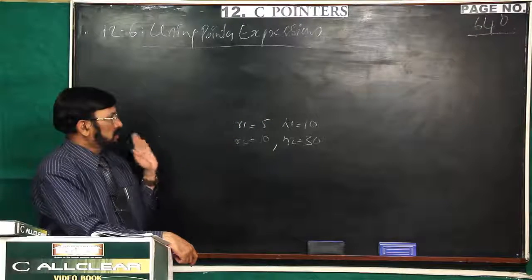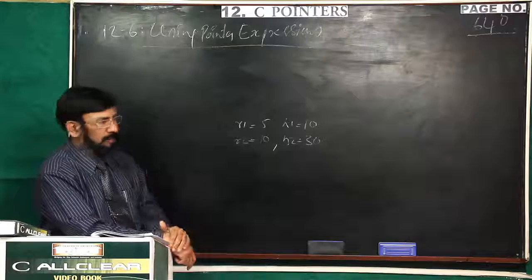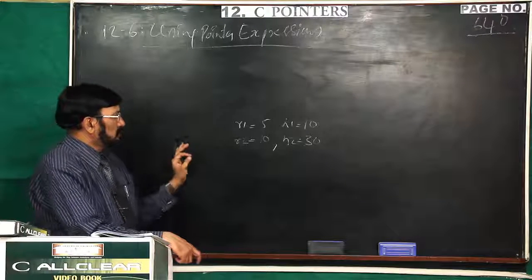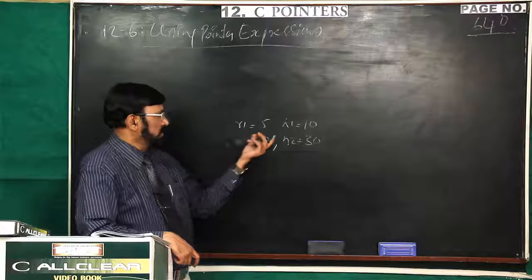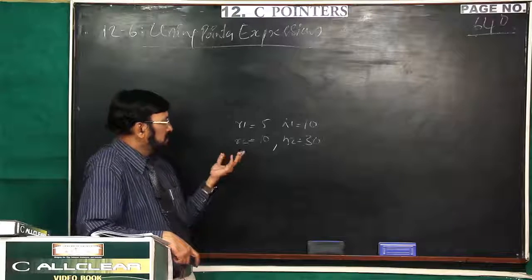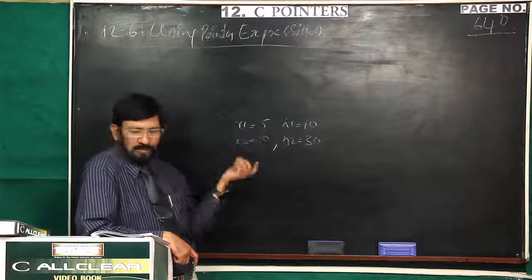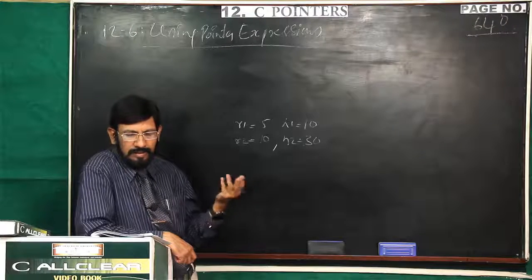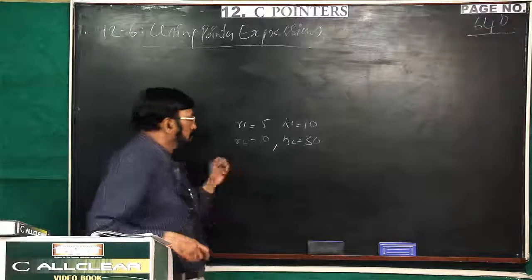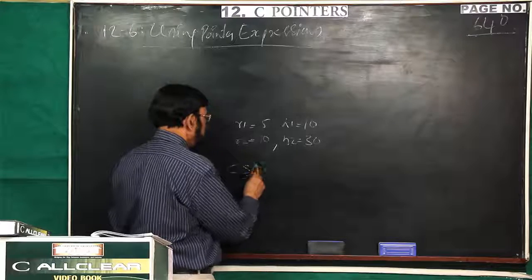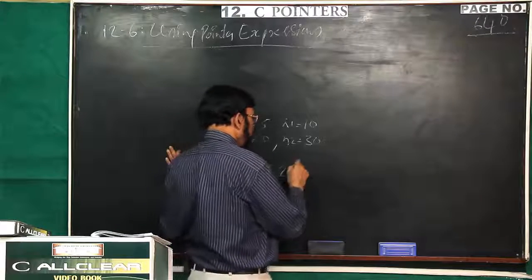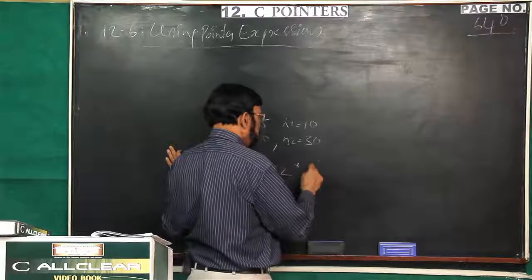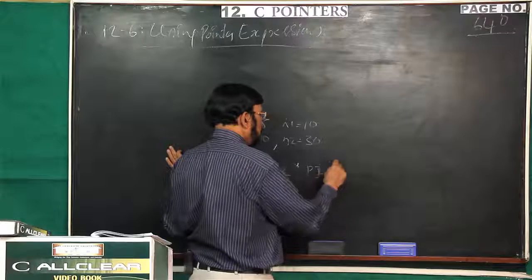Now, all that you have learnt, we now apply. Only here, a small change I am making. Actually, if you do not know pointer expressions, in the formula, let us say taking curved surface area, what do you take? 2 pi r h.